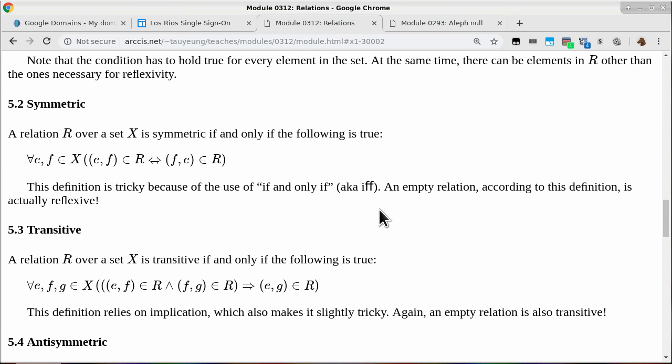So when we go back to the definition of transitive, since it's an empty set, do you think this membership is going to be true? No. So that makes this conjunction false, right? I don't even need to bother with the second one. That makes the entire left-hand side of the implication false. What does that make the implication itself? True. Oh, okay. So that is why an empty set is transitive.